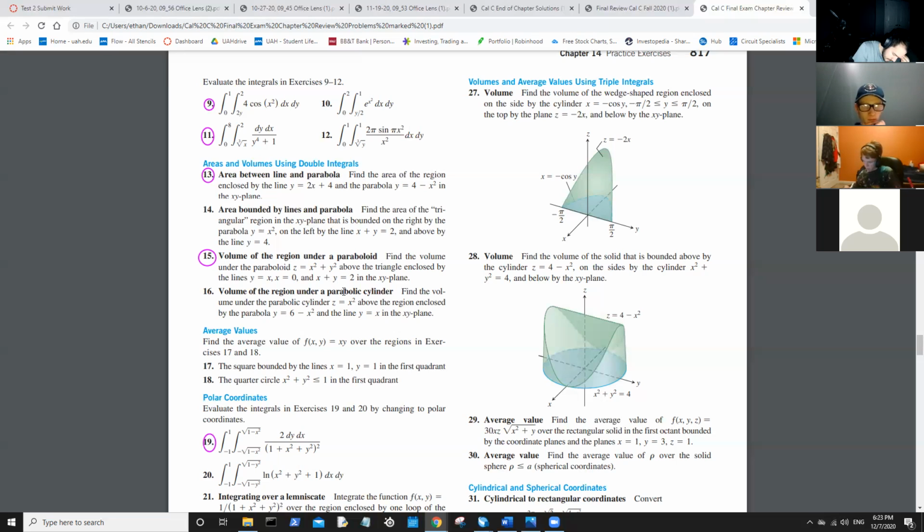Evaluating at 1 is 1 over 9 minus 1 over 4 plus 2/3. And that's 19 over 36.